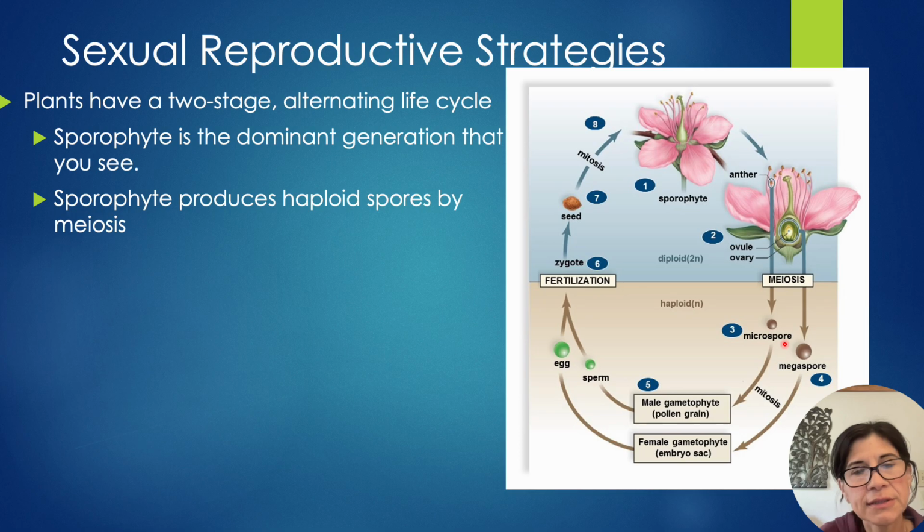And that produces, and I'm not going to have you remember the micro versus the megaspore, but basically the male part of the flower, which is the anther, produces the microspores, which eventually become the pollen grain. Now we're talking about the haploid gametophyte, and in the pollen of the flower is where the sperm are.